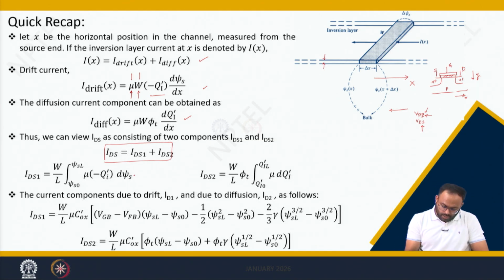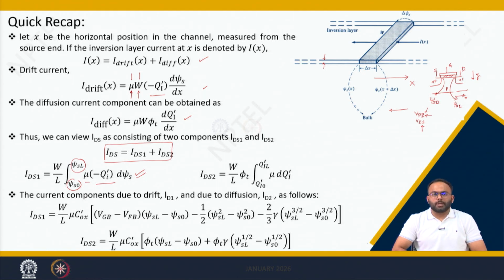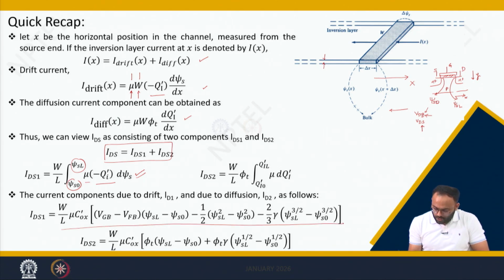Here Ids1 can be given by W by L integration of mu into minus Qi dash between the limits of psi S0 and psi SL, where psi S0 is the surface potential at the source channel junction, or just here, and the surface potential at this point is given by psi SL. By keeping all these values and expressions in the final expression, we ultimately got the expression of Ids1 and Ids2.